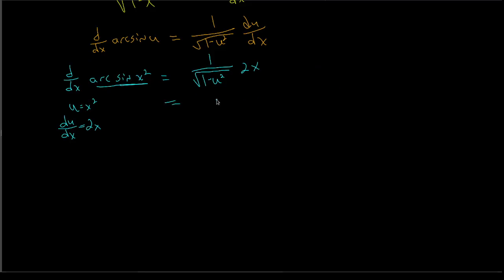And u squared is x to the 4th, and if we trim it all up, we get 2x over the square root of 1 minus x to the fourth. So we're able to get an arcsin function and the derivative of an arcsin function.